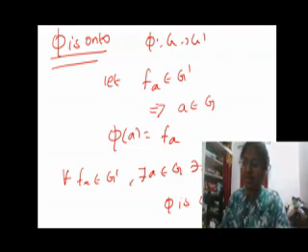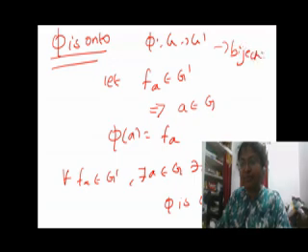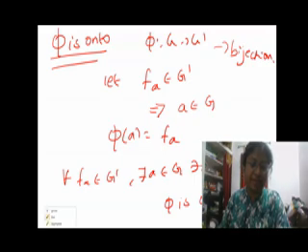So basically phi is a bijection right now. Phi that we have defined from G to G dash has become a bijection. Okay, so let me try to prove the homomorphism condition.